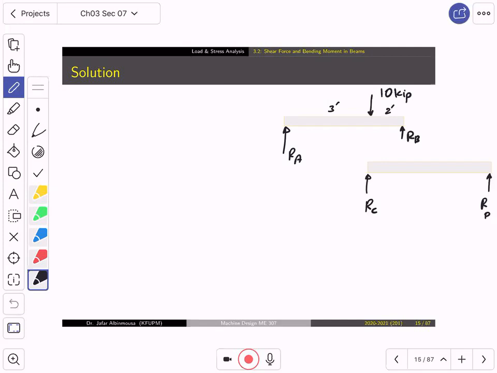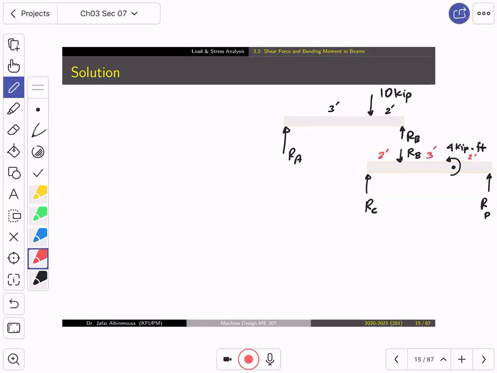Now, right here, that reaction RB will be reflected over here in a different direction. So RB will be applied this way. In here, we have a moment of 4 kilo-pound feet, okay? And the dimensions are 2 feet, 3 feet, and there is another 2 feet.